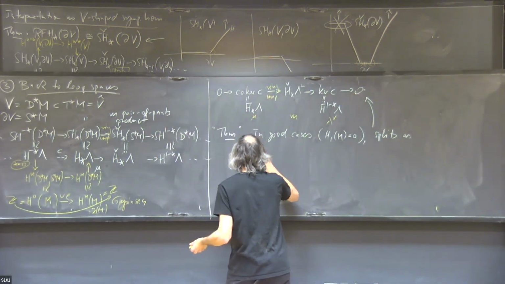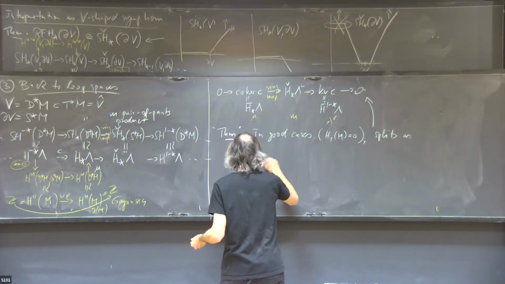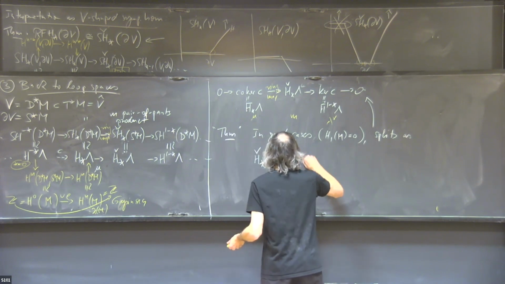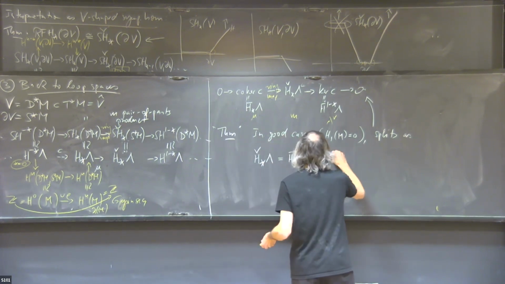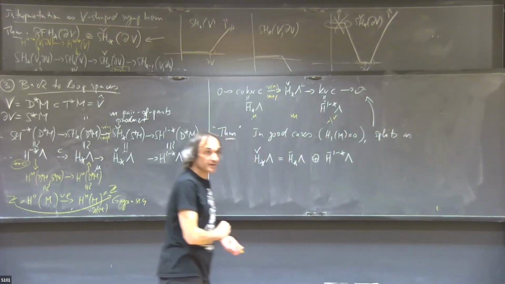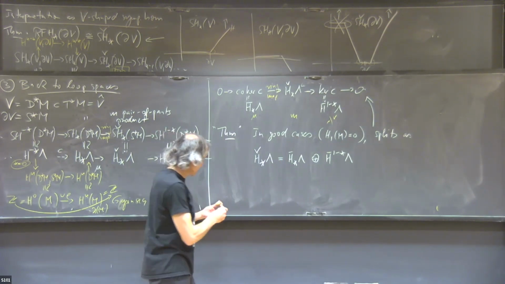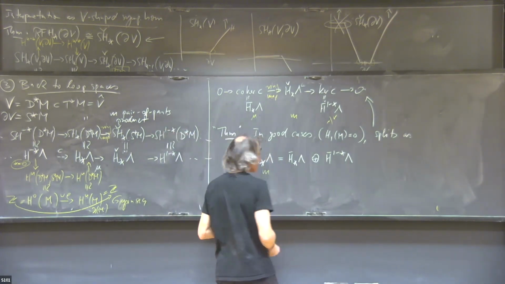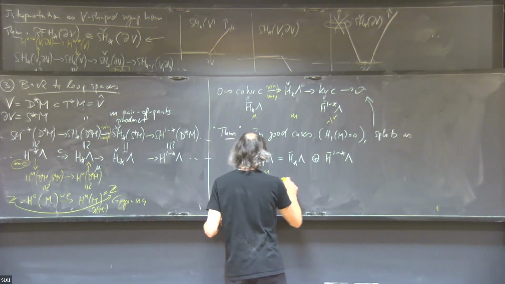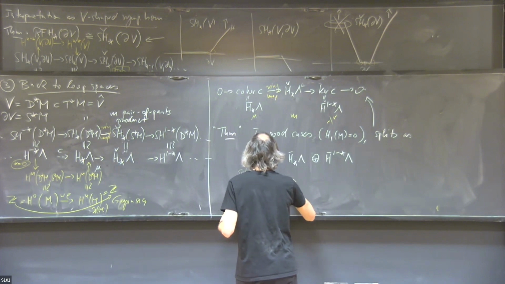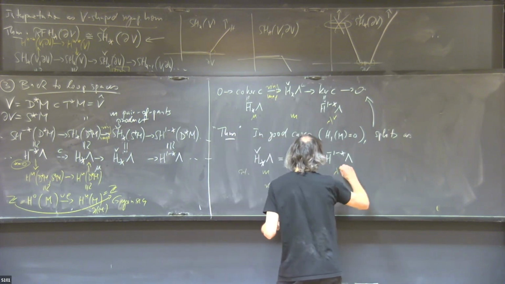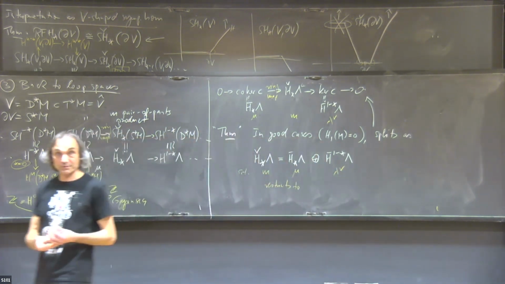So the loop space homology becomes a direct sum of these, such that this product restricts to the loop product here and the dual of the loop coproduct there.